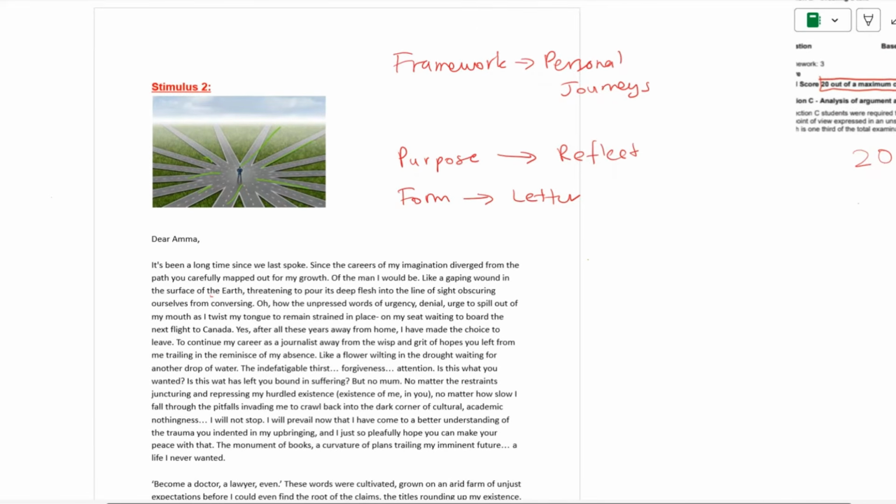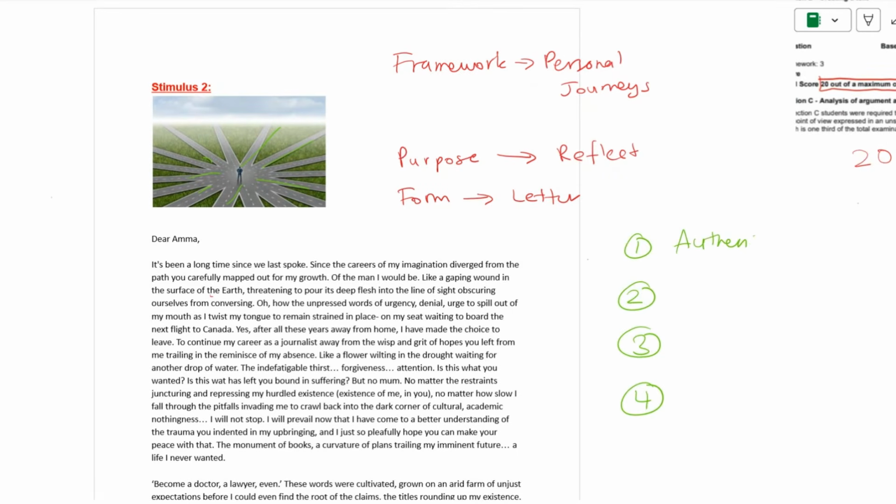But the main focus of today's lesson is obviously those four principles of a section B, and I'll write them down now. The first one is maintaining an authentic voice, so really projecting what your unique voice is, and I will get to these things later. The second thing is show, don't tell. This is all about descriptive language, literary language, and things like that.